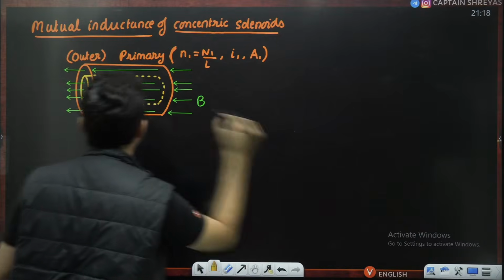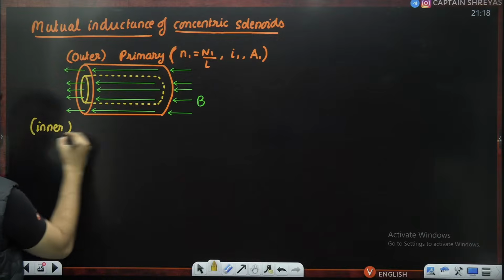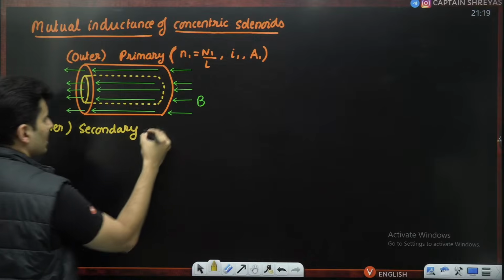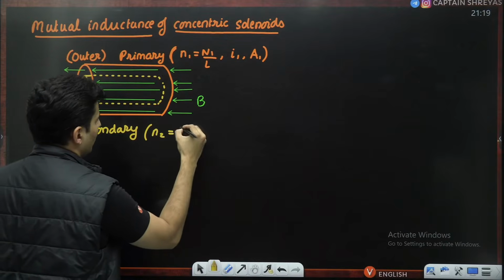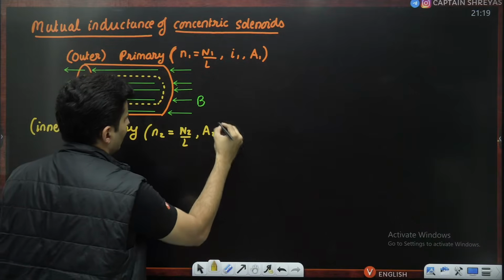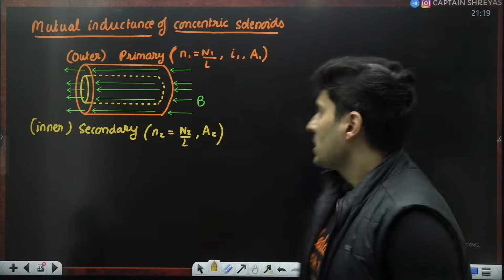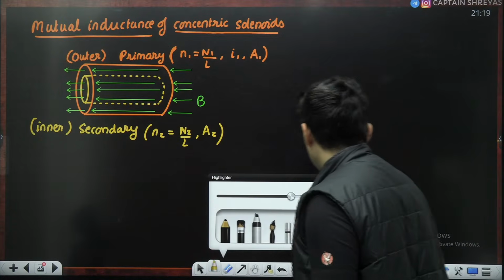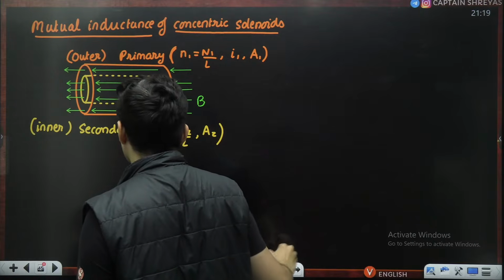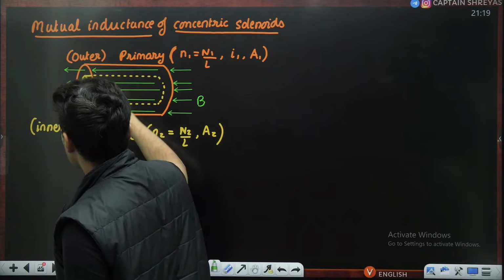Similarly for my inner coil, which will now be termed secondary, because that's where the EMF will be produced. It has number of turns per unit length small n2, which is capital N2 by L. Current will be generated, and there is some area of cross section, A2. All right. Now let's calculate how much flux is going into the secondary coil. Just look at only this much.